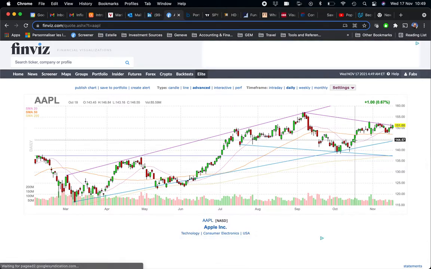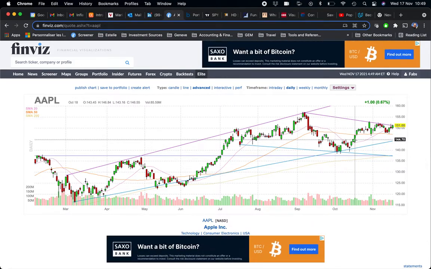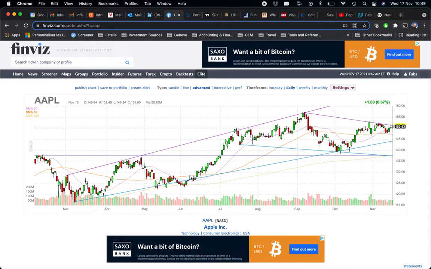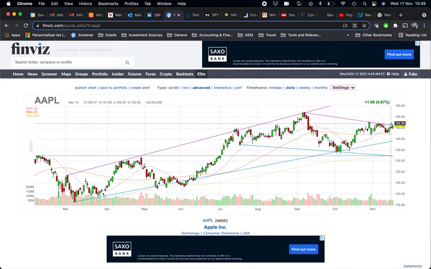The thing is, if your stop loss is at 139, the condition on the stock has changed a lot. The stock is now trading at 151. So if you bought the stock at 145, you have right now 4.2% of positive return, unrealized profit.